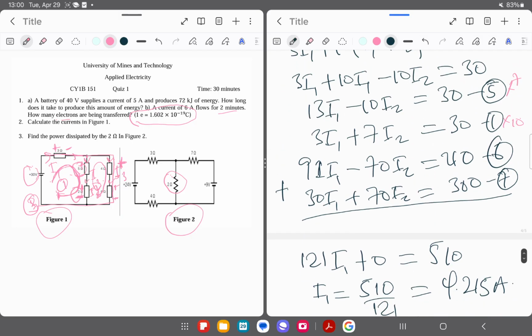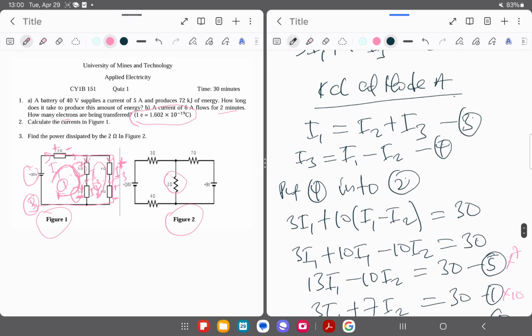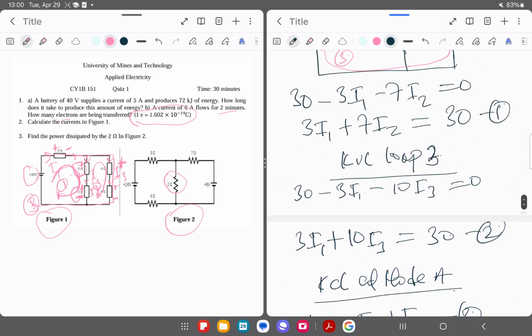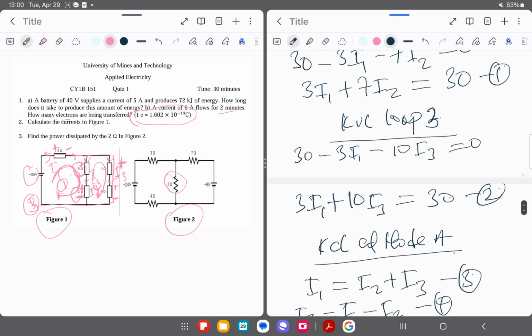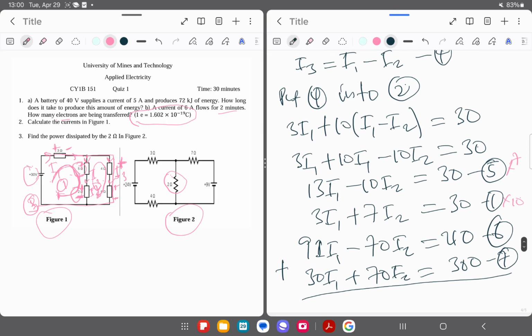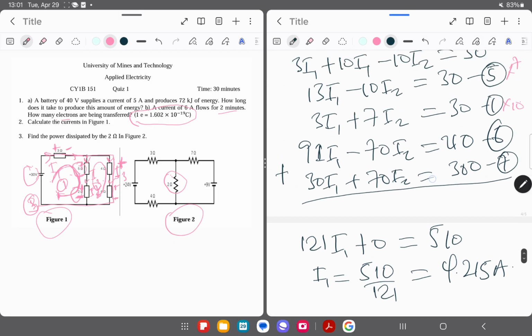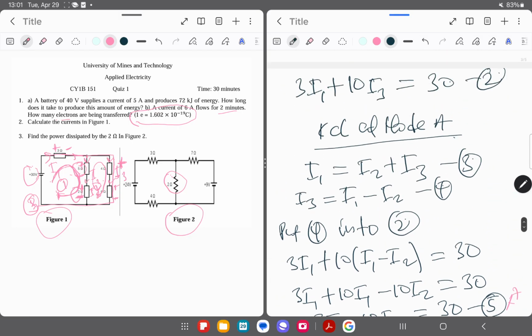So we can get I2 by replacing I1 in equation 1 and solving for I2. So when you do that, you make I2 the subject in equation 1. I think when you do this, I2 should be equal to 30 minus, let me look at equation 1 again.